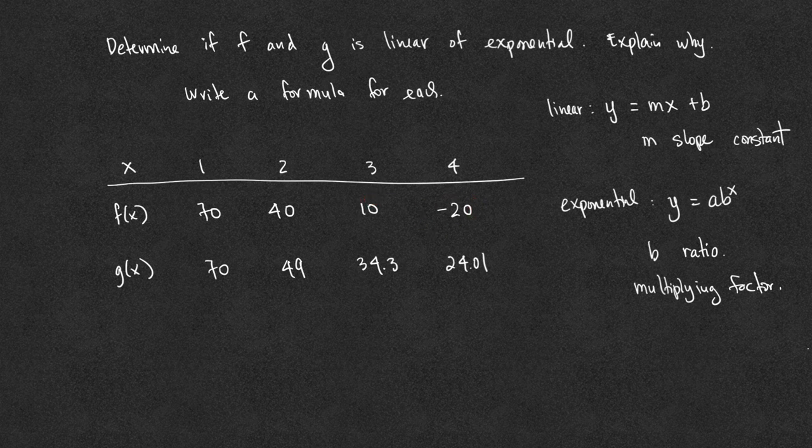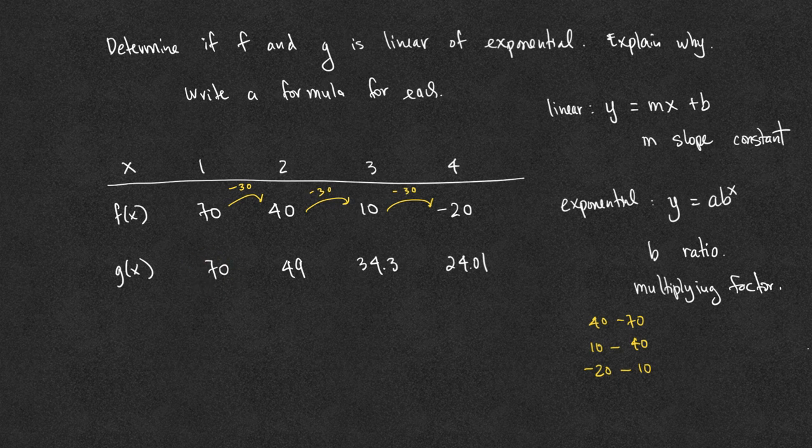And so for each increase in x, the y values decrease by 30, and we do that by taking 40 minus 70, ending minus beginning, and then 10 minus 40, and then minus 20 minus 10. We take any two consecutive y values and subtract them, ending minus beginning, and we see that we subtract the same number each time. So the function f must be linear.